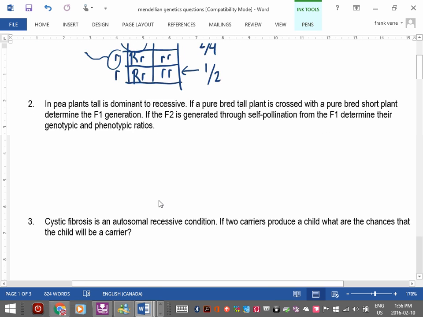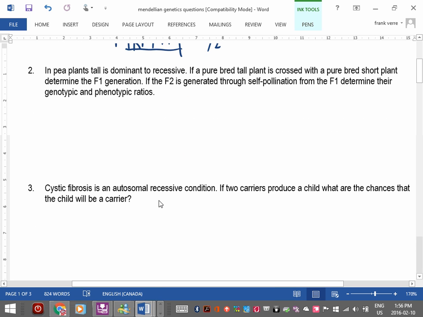Okay? The next question, you have a pea plant where tall is dominant to recessive. So we have a purebred tall. Remember what that means? That means that they have 2 big T's, is crossed with a purebred short. Tall is dominant, short is recessive.